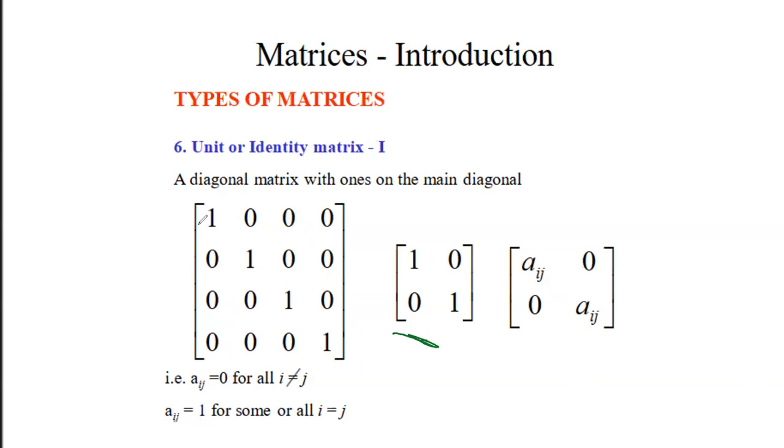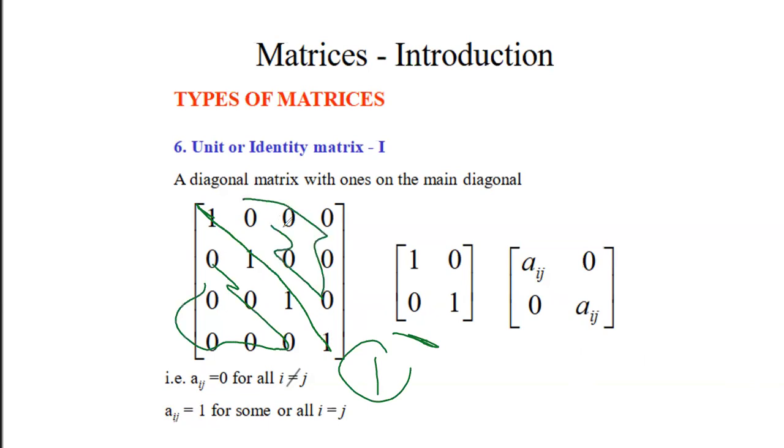But notice what it is. First of all, it is a diagonal matrix, so it's a square matrix. But on the leading diagonal, the elements are 1. All others are 0.